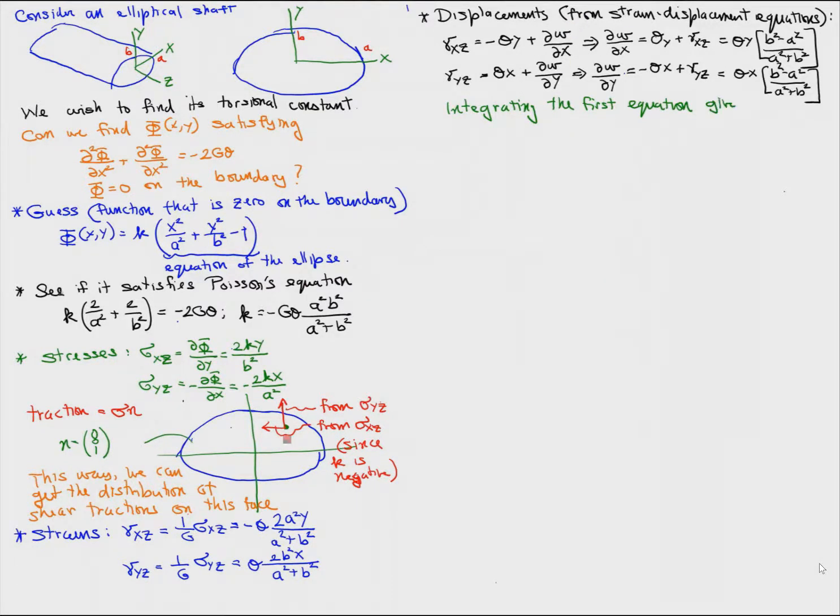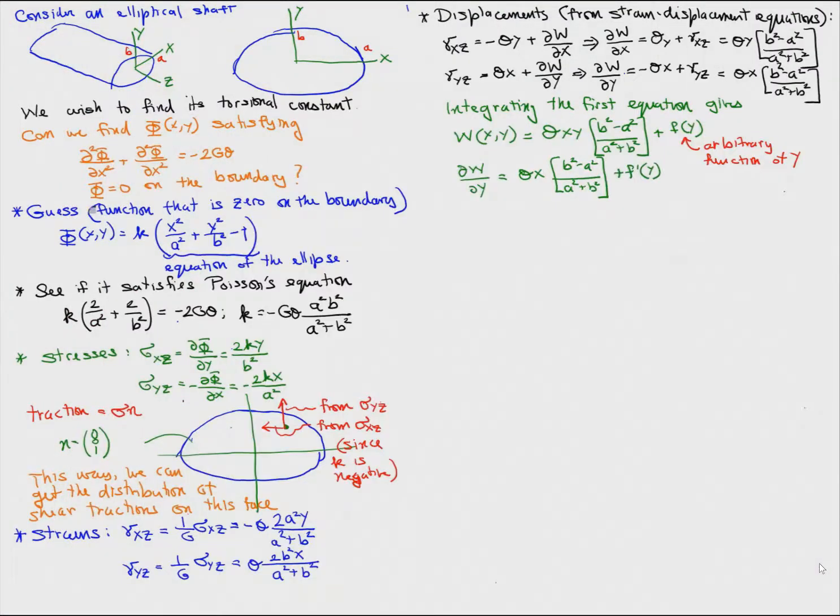So integrating the first equation, dw by dx, gives w of xy equals theta times x times y times b squared minus a squared divided by a squared plus b squared, plus some arbitrary function of y, like an integration constant.